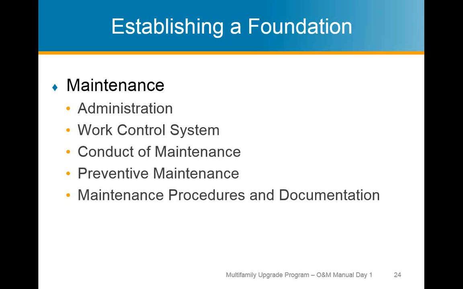And then the actual conducting of the maintenance, same thing. It can't be done at the expense of safety and efficiency. Whatever that specifically means for that building, whatever that specifically means for those systems, always needs to be a priority. And then feeding directly from that, the preventative maintenance itself.